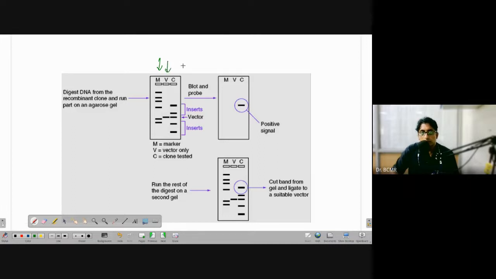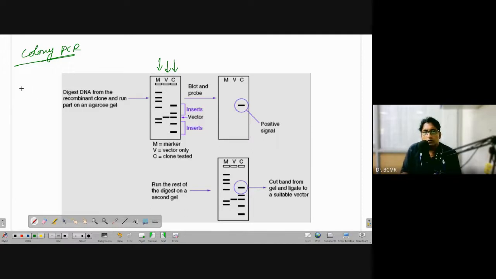This is the vector alone, and this is the test you can think of. There is also one more called colony PCR. I will describe it. It's simple PCR with a little bit of modification.